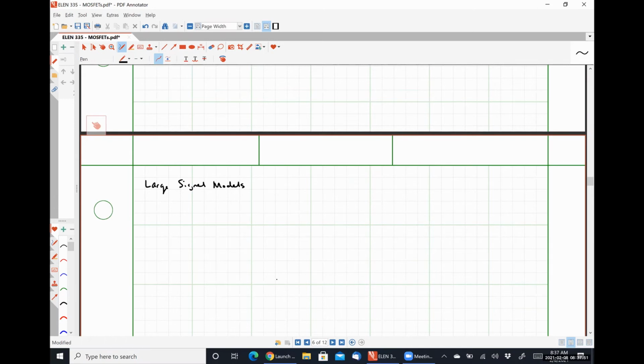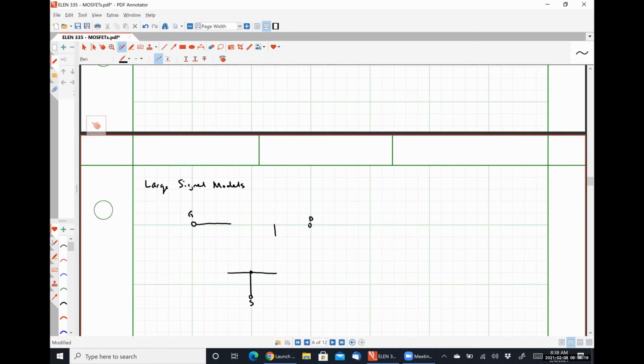And we're going to be, for the most part, treating this guy as a 3-terminal device. So here is our gate. Here is our source.